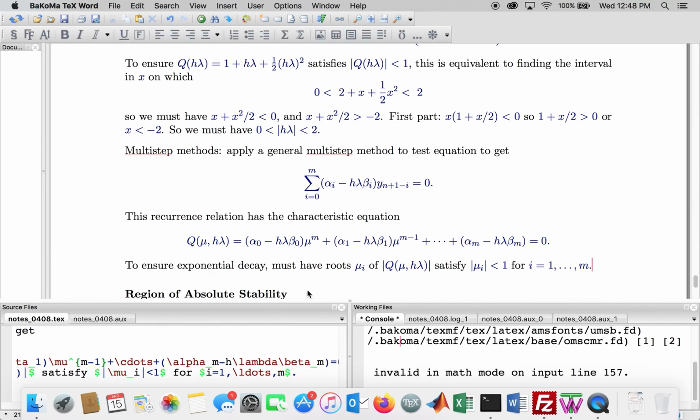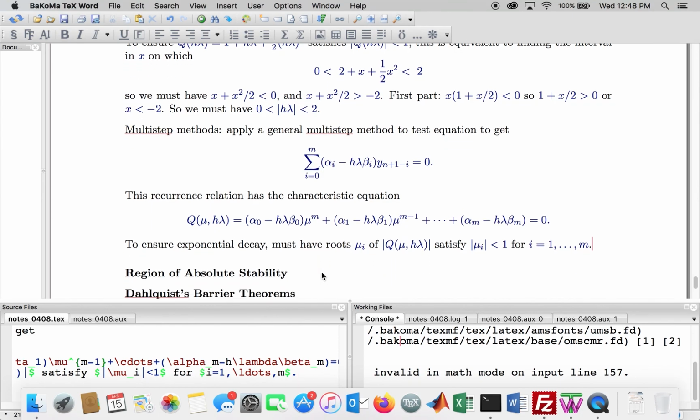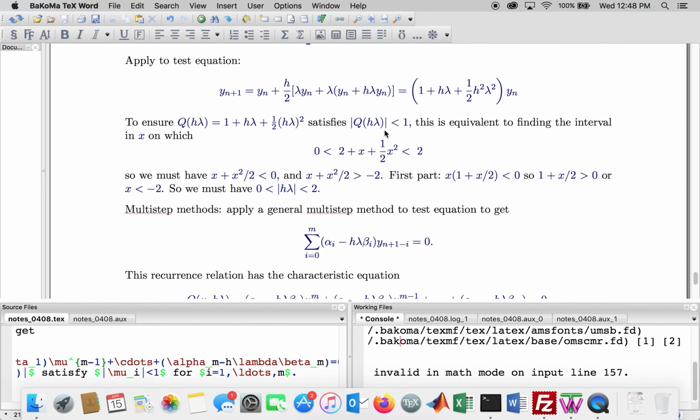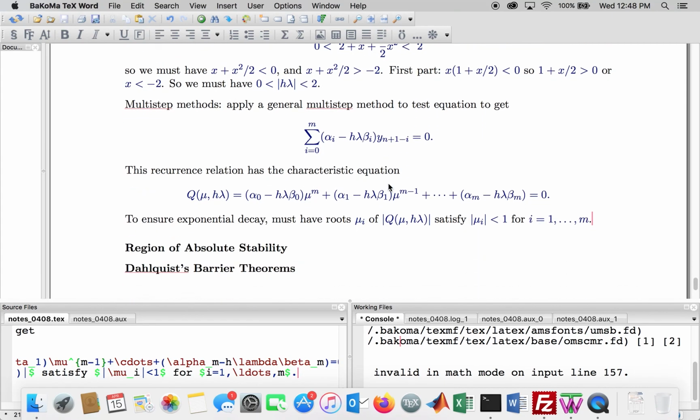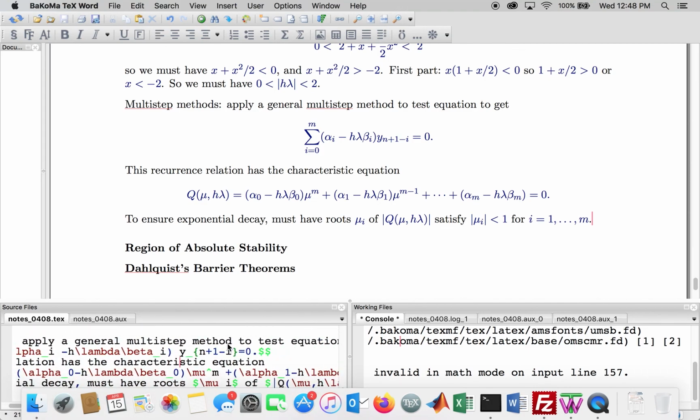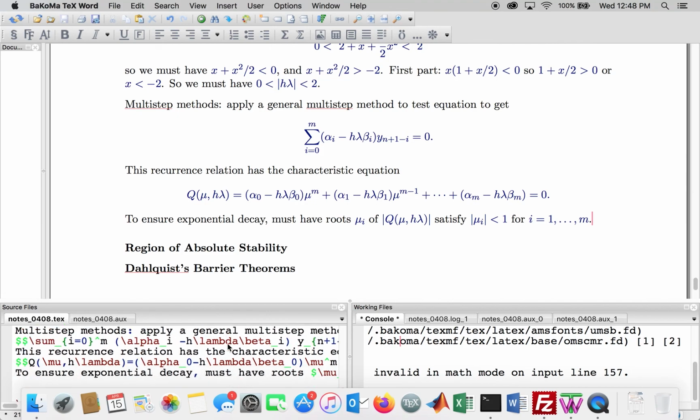All right, so very different conditions for multi-step methods versus one-step methods. For a one-step method, the method itself defines a stability function. That's just a q of h lambda, and it must be less than 1 in magnitude. But for a multi-step method, whether the method is implicit or explicit, we get this polynomial here, and that polynomial has a name in this setting.